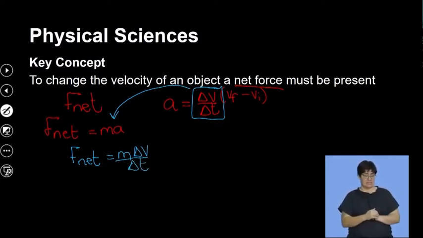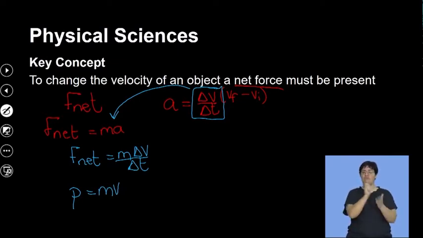Now we're starting to see something that looks a little familiar, because I've got a mass and I've got its velocity, and we know that momentum is mass times velocity. But that's a change in velocity. So actually, I can rewrite this equation again.